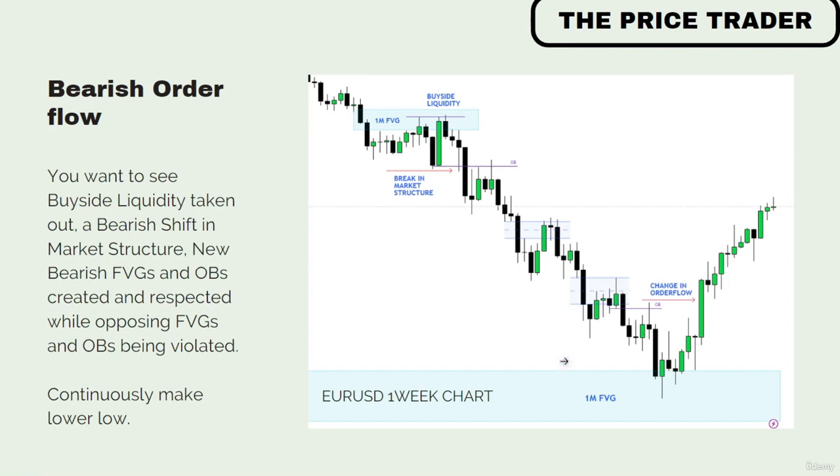But what you want to do is anticipate that it may respect it and change order flow. If it doesn't, it will just clearly show you by breaking through that imbalance of that fair value gap. But you want to see such a response if this order flow is being shifted. So you see clearly that the order flow shifted, created a new imbalance, started respecting bullishness rather, after this downtrend ended here.